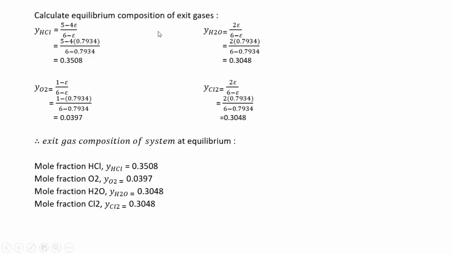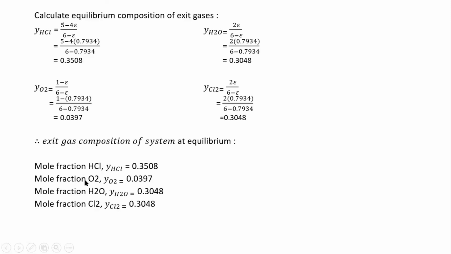It's easy for us to calculate the equilibrium composition of the gases. We just substitute the value of the extent of reaction here and here, and we get the mole fraction for each species.